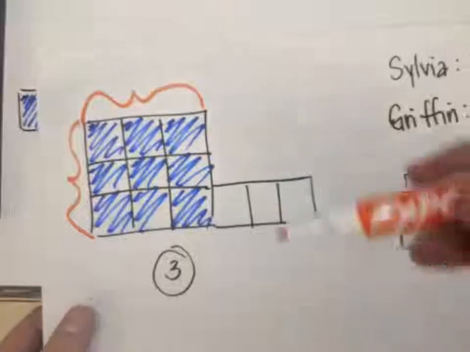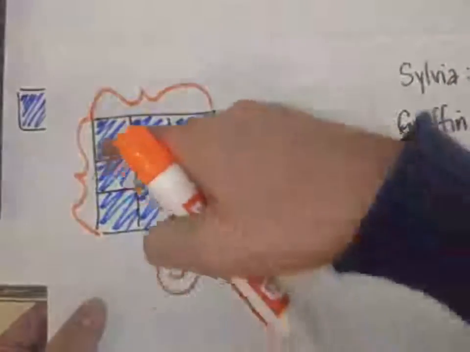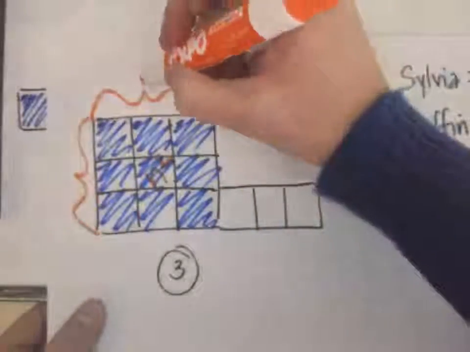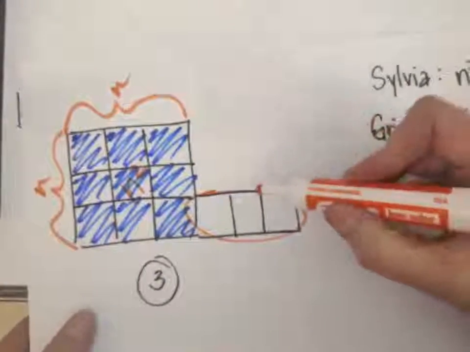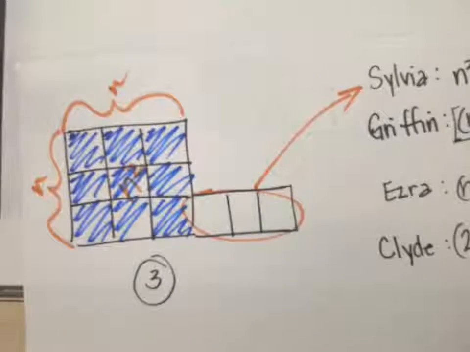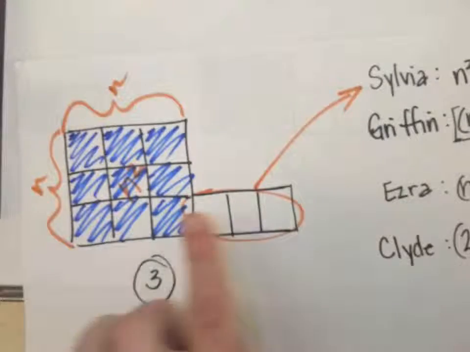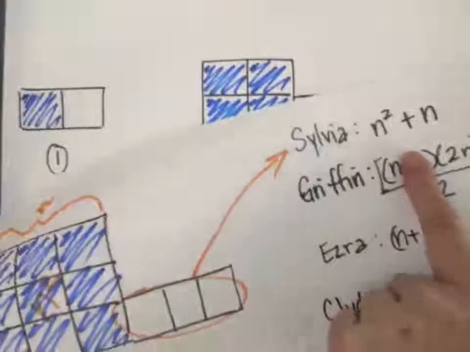And so the pattern is n squared, because to find the number of squares you would do n times n to get n squared, plus n, which is this 3 right here. So that is how Sylvie sees it, and she explains why she thinks the expression n squared plus n is the way she would write the generalization.